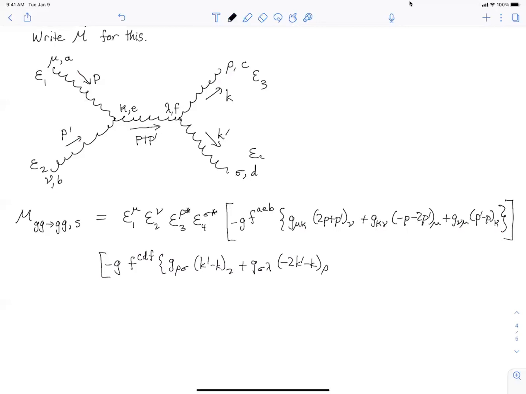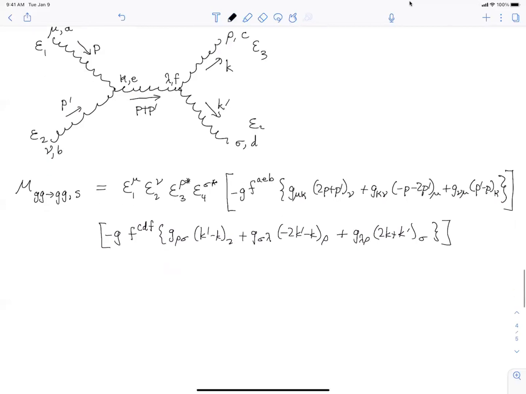Okay, so you can see this gets to be a lot of terms because you're going to have to multiply all these terms times all the other terms. And then finally, there's the propagator for this internal line, which if we do it in Feynman gauge at least is not so bad.